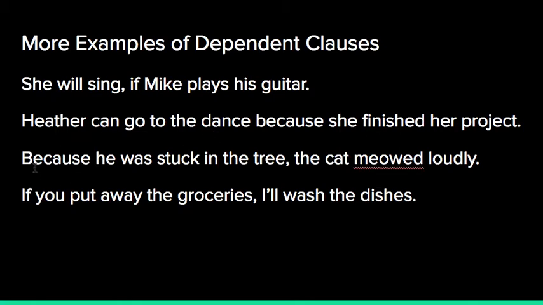All right, here's our subordinating conjunction, because. Because he was stuck in the tree, the cat meowed loudly. And finally, if you put away the groceries, I'll wash the dishes. So I'll wash the dishes could be its own sentence, but not if you put away the groceries. That's dependent.